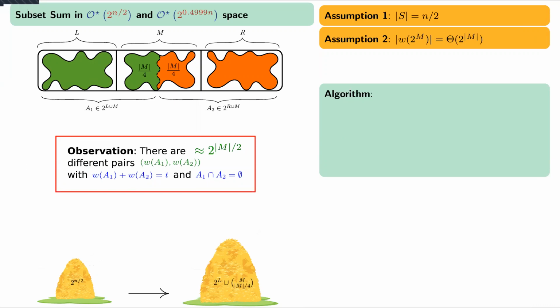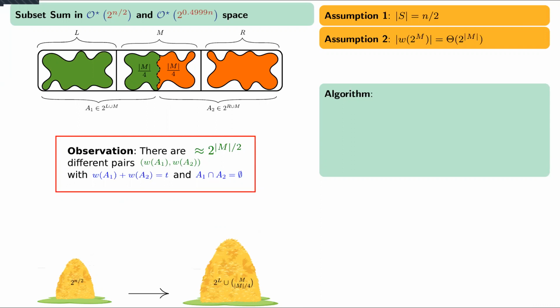The observation is to use assumption 2: there are 2 to the m-half different pairs of numbers, a1 in this L plus M and a2 in this L plus M, such that they constitute a solution.